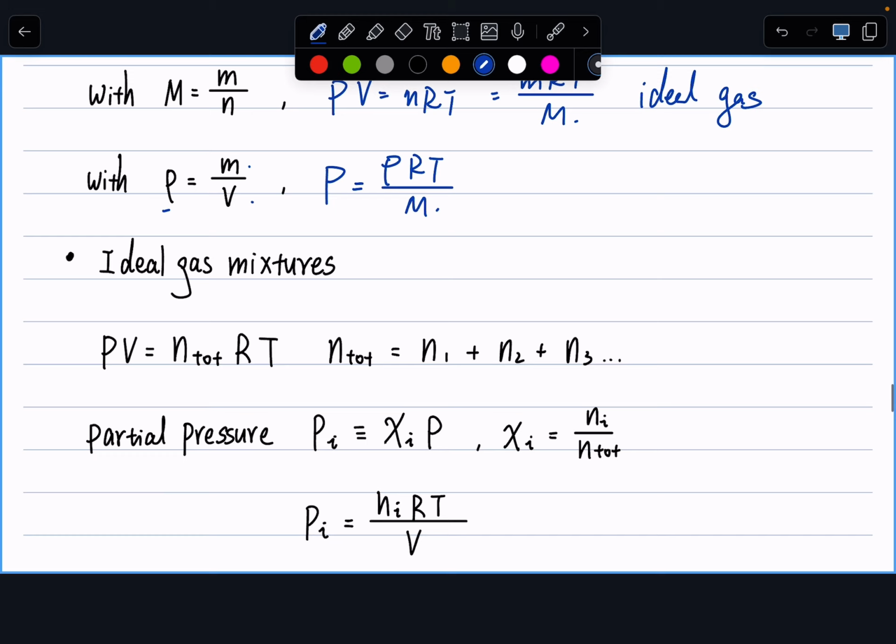The other way to define it is for ideal gas mixtures: we mix different types of ideal gas together. We have the total number of moles and the number of moles of each gas, so we will have partial pressures and a definition of the ideal gas law later on. We'll talk about it in our later section on ideal gas mixtures. Just know there are different variations of the ideal gas law, changing it slightly.